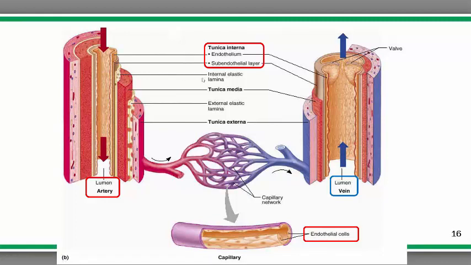The color blue for the vein is used to indicate that we're looking at deoxygenated blood flowing through this vessel.